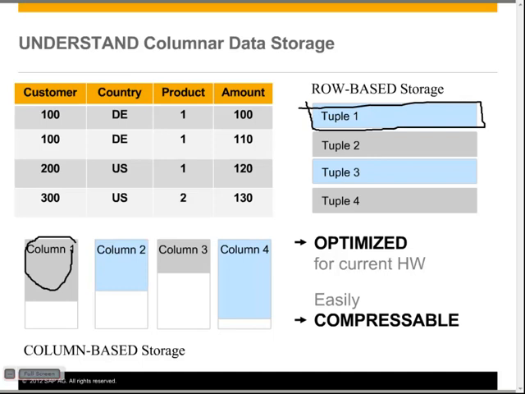For country, we would store DE, US. You see it's an even smaller column here. Product, we would store 2 values again, product 1, product 2. Amount, here we would have 4 distinct values. So it's a different way of storing data with column-based storage than row-based traditional storage.